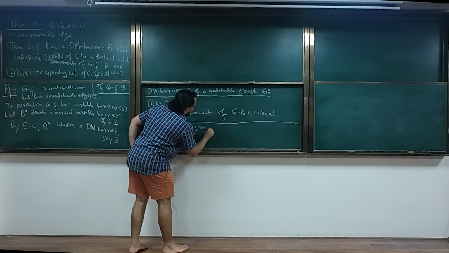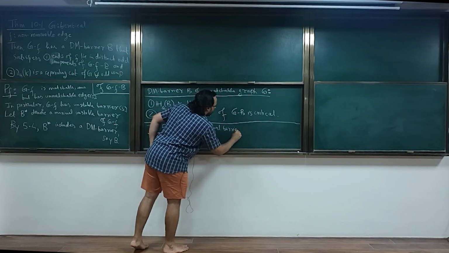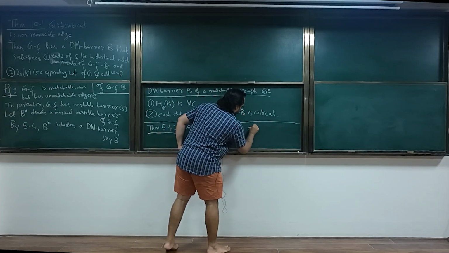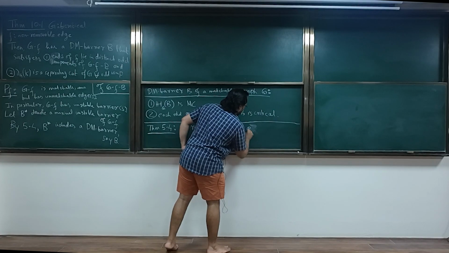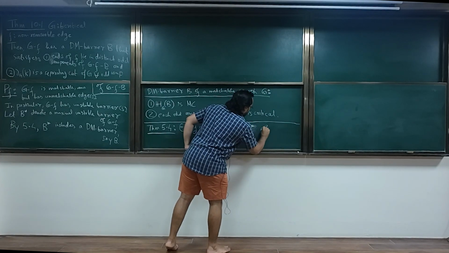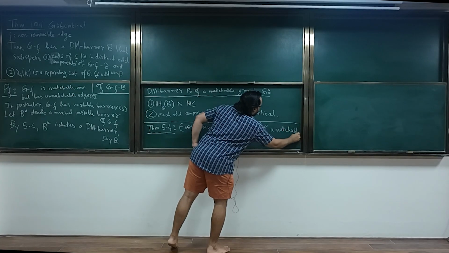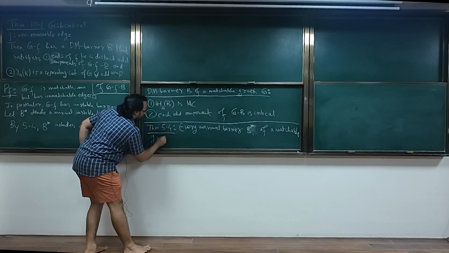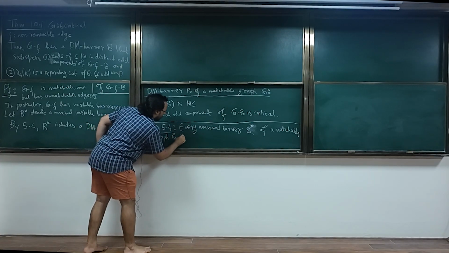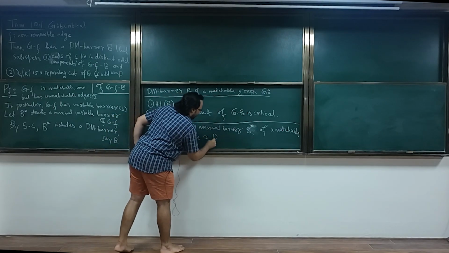And the result we proved back then: every maximal barrier of a matchable graph includes a Dulmage-Mendelssohn barrier.